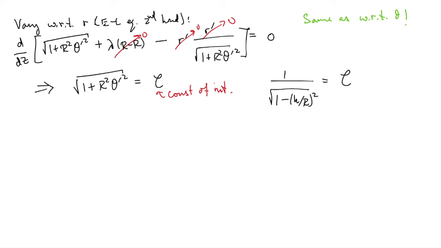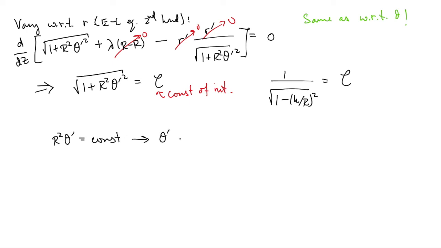But at the end of the day, the net result is the same. We had the exact same equations of motion. Just to summarize, we had r squared theta prime is equal to a constant.